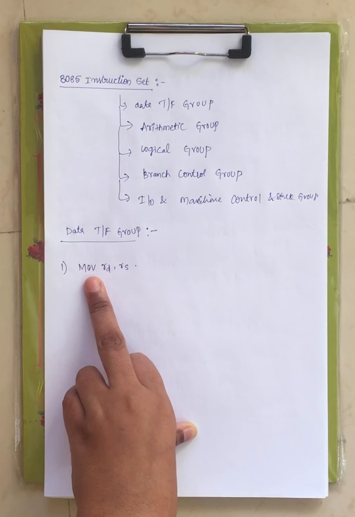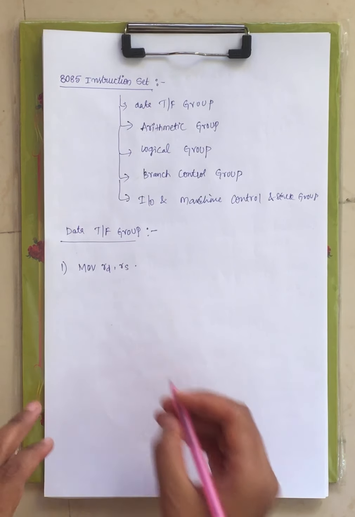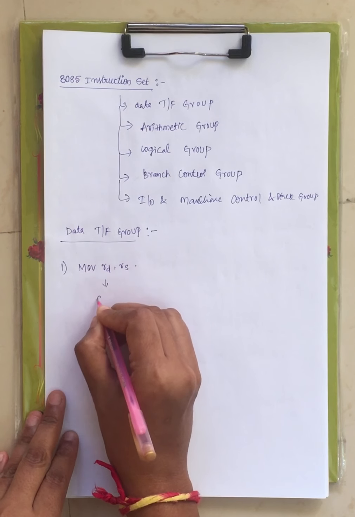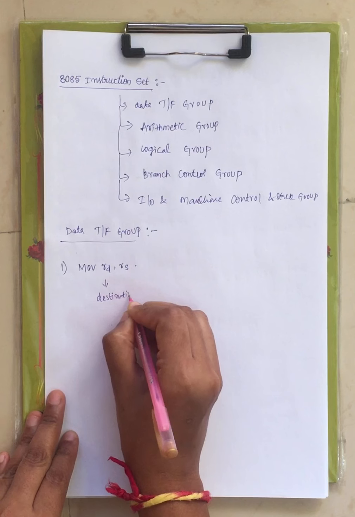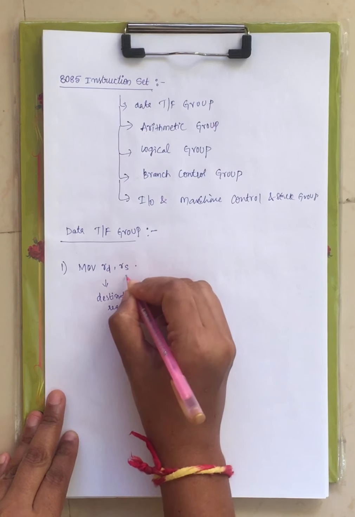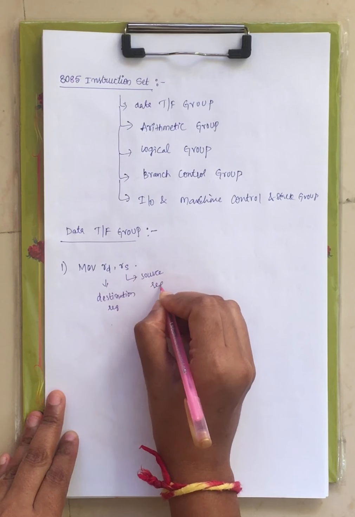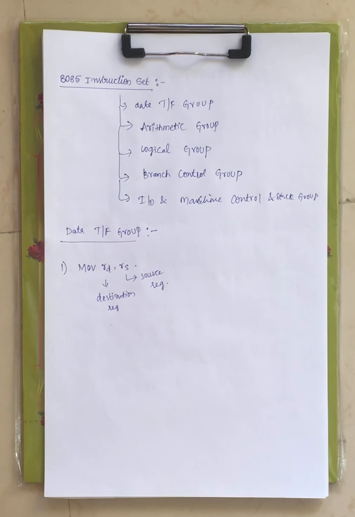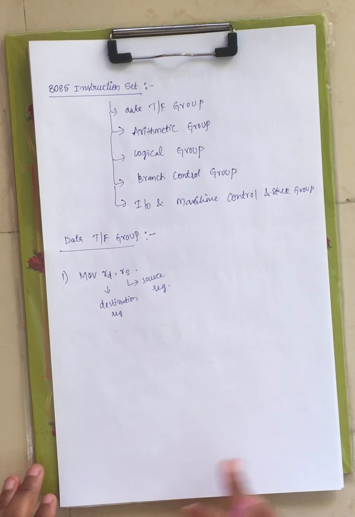MOV is nothing but move, right? Move Rd, Rs. Here Rd is the destination register, and Rs is the source register, right?